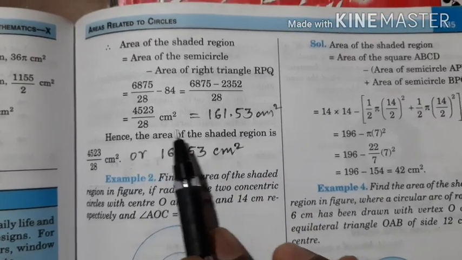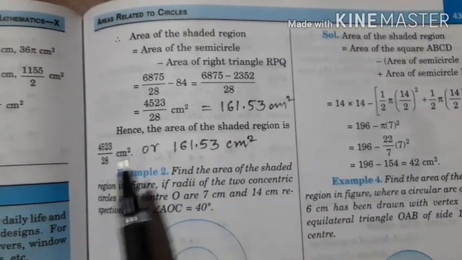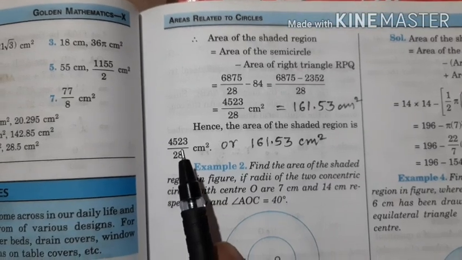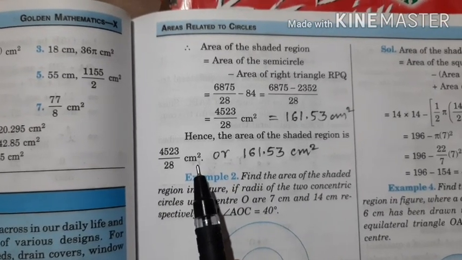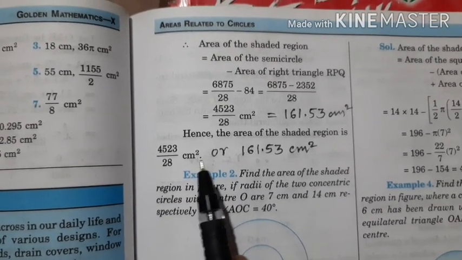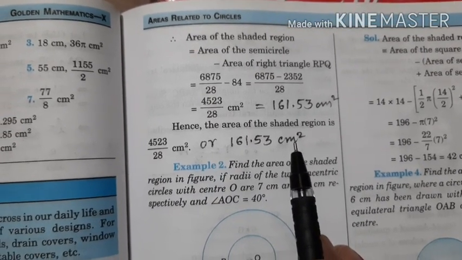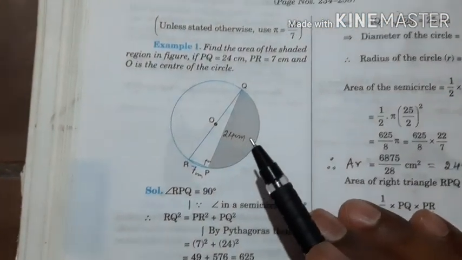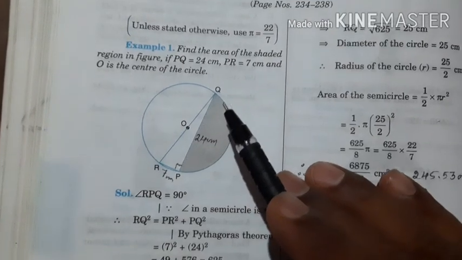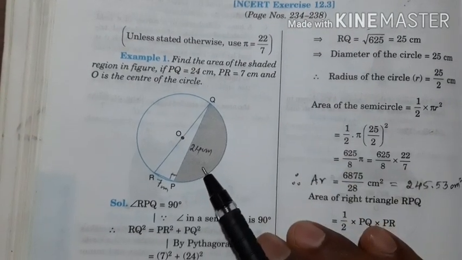Hence, the area of the shaded region is 4523 upon 28 centimeter square in rational number form and 161.53 centimeter square in decimal form. This is how we found the area of the shaded region.